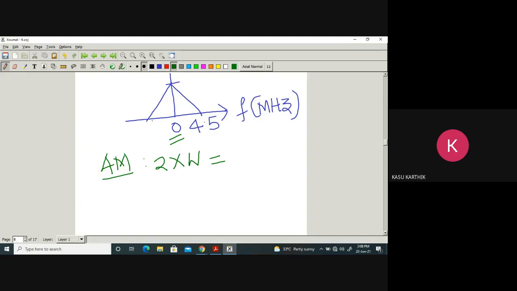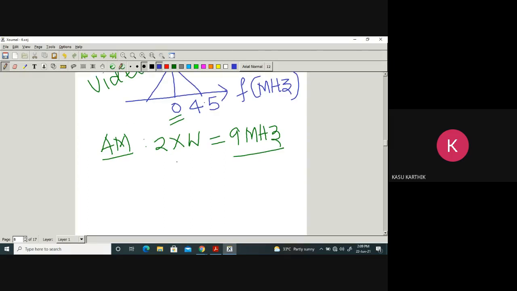If you transmit this baseband video signal using AM, you require 9 megahertz. This is an enormous, huge bandwidth. So AM is not suitable for transmission of video signal because it uses too much bandwidth.